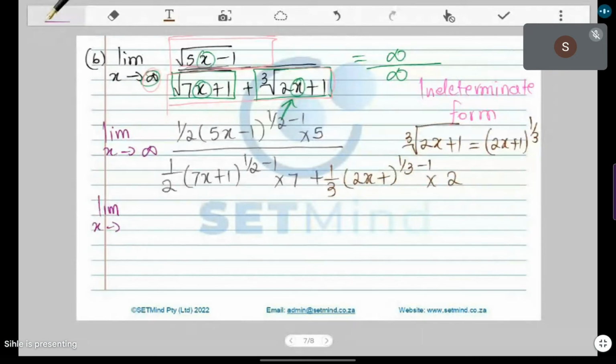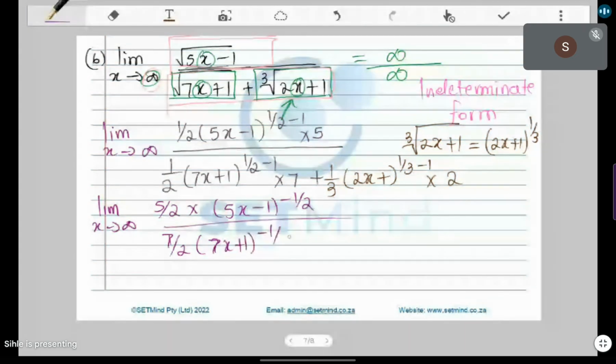The limit as x approaches infinity over, let me see, so that's 5 over 2 multiplied by 5x minus 1 to the negative 1 over 2, 7 over 2, 7x plus 1 to the negative 1 over 2, 2x plus 1 to the negative 2 over 3 here.